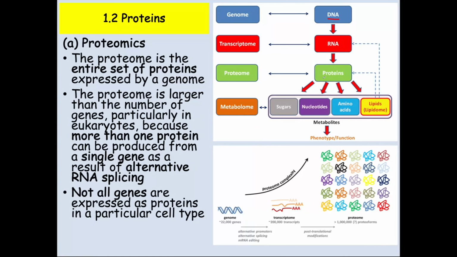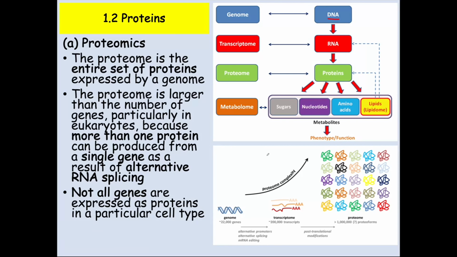Now, we know from Higher that one gene on our DNA can code for many proteins. And that's how we're able to produce such a vast number of proteins from just a relatively few number of genes. So we have about 25,000 genes or thereabouts that have been discovered, and we have over 1 million proteins to be produced.